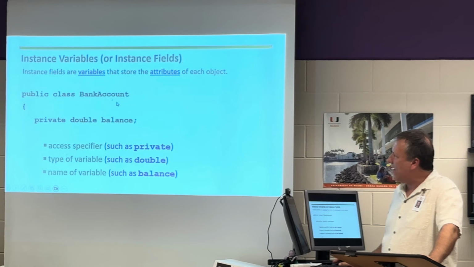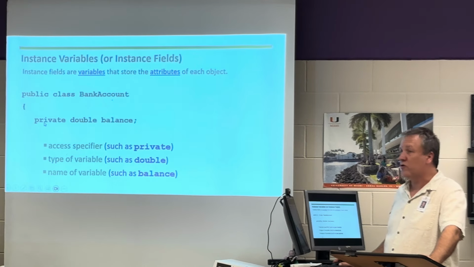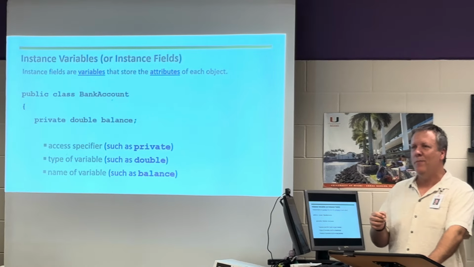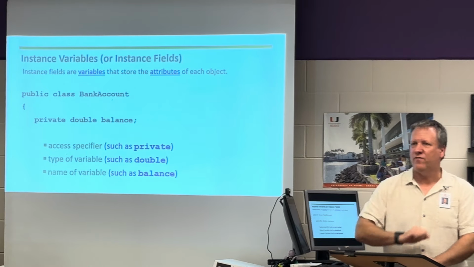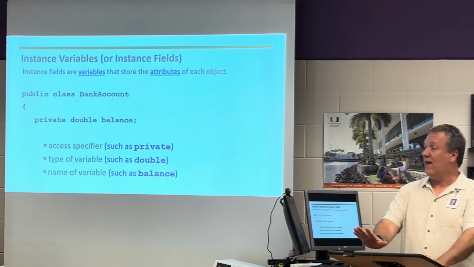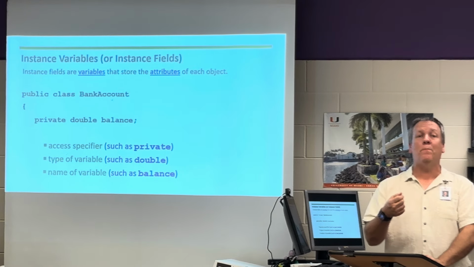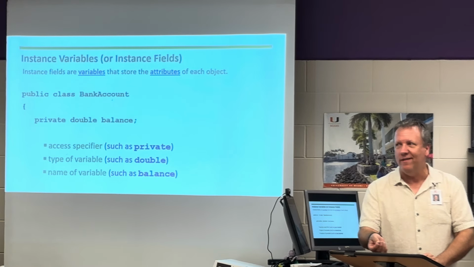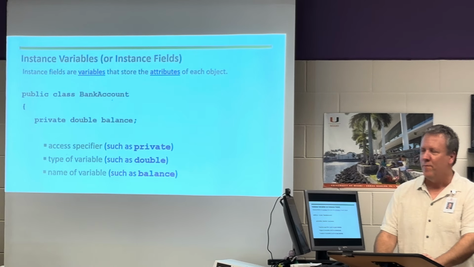So inside the bank account, before I do the methods, I'm going to have an instance variable. Instance variables are always private. You can't go to an ATM and say, make my balance $5 million. Because it's private, it's locked. What do you have to do? You have to call the deposit method. And it's going to actually make you put money in and then change your balance, right?